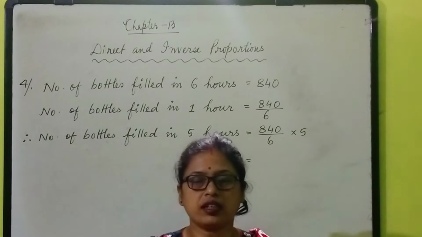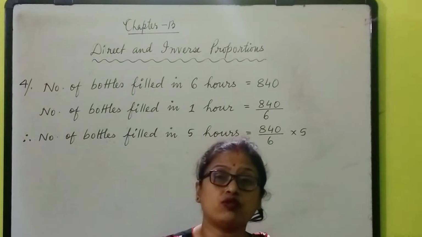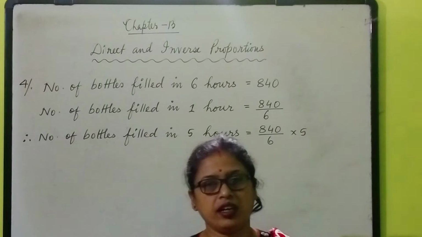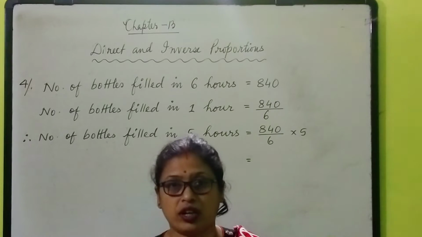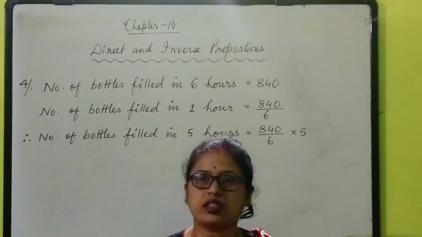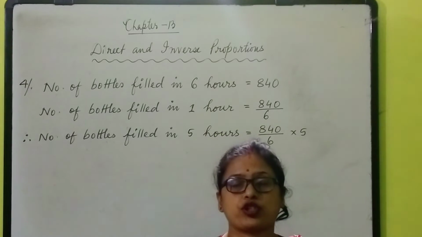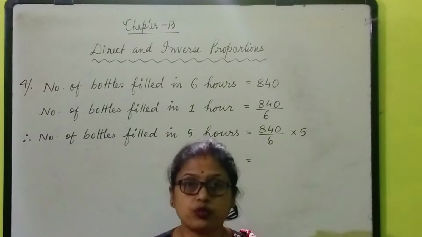Number of articles decreasing, the cost will also decrease. That means with the increase in one quantity, there is an increase in the other quantity, and with the decrease in one quantity, there is also a decrease in the other quantity. This type of proportion is known as your direct proportion.